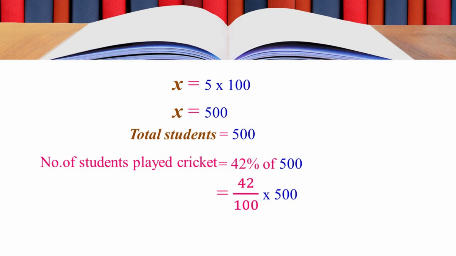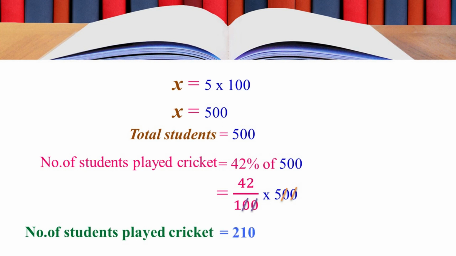Now, cancelling two zeros in 100 and 500, the remaining numbers are 42 into 5. Therefore, multiplying 42 and 5 we get 210. Number of students who played cricket is equal to 210.